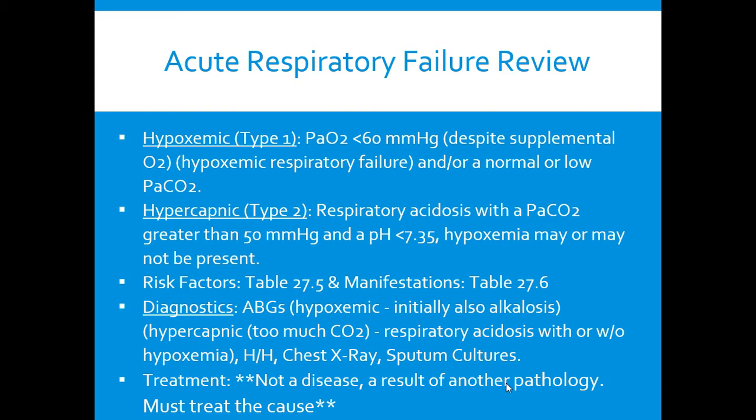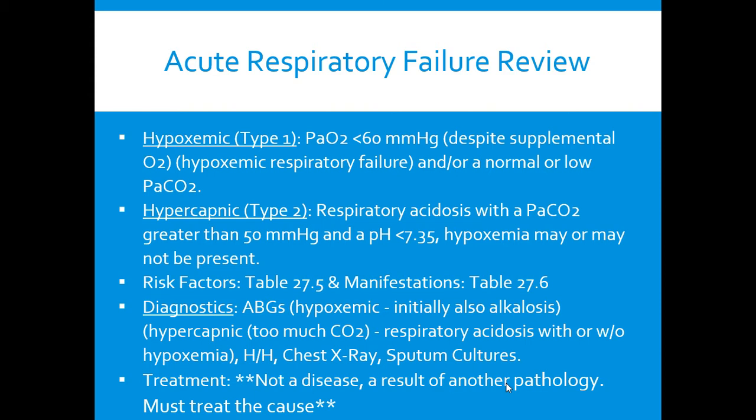When any of these functions are compromised, it can lead to hypoxemia and/or hypercapnia. There are two types of acute respiratory failure: type 1, or hypoxemic respiratory failure, and type 2, which is hypercapnic respiratory failure.